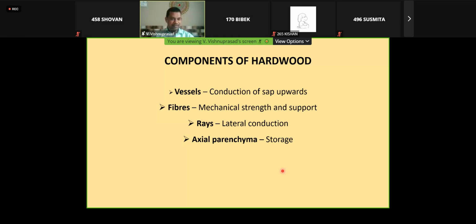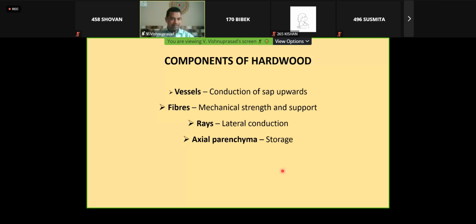Parenchyma can be present as a demarcating feature between growth ring boundaries. So either it is because of fibers or tracheids, or because of vessel diameter, or because of the parenchyma which are present. So the feature can be observed accordingly.